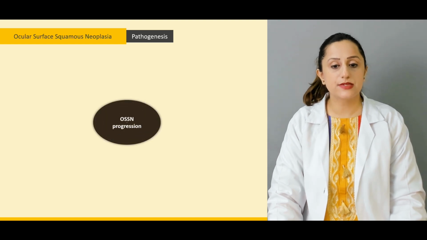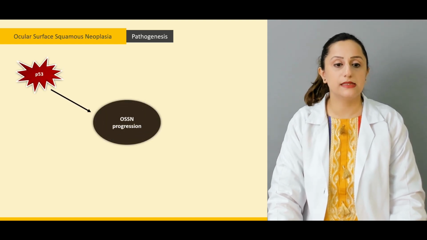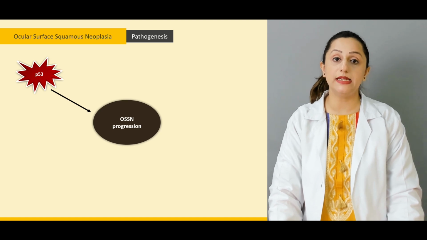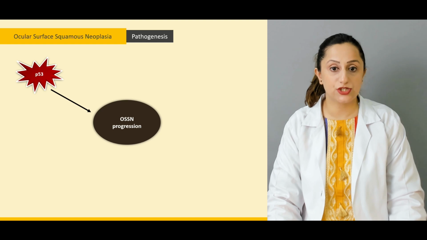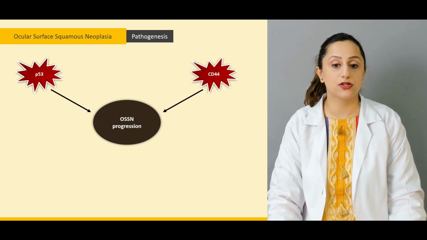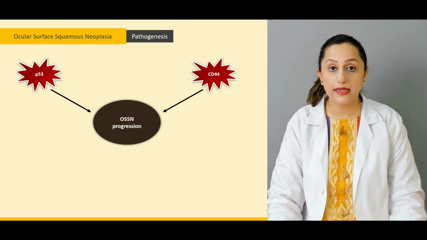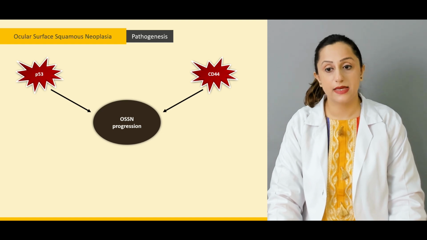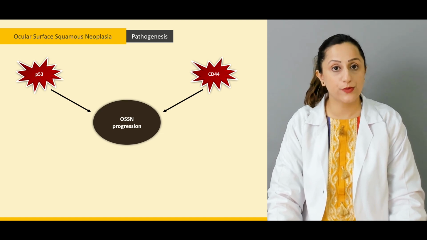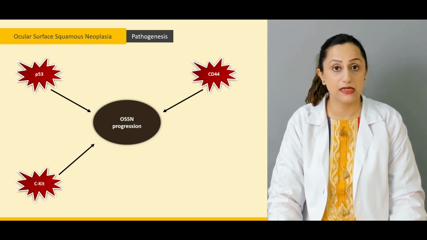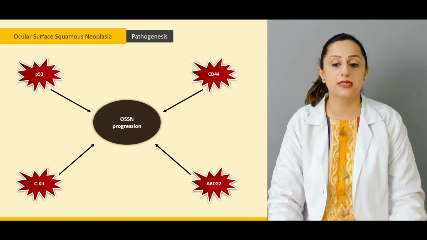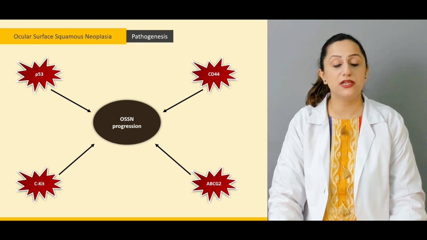The pathogenesis would consist of basically, first of all, the P53 mutation. This is a very significant mutation that can lead to the development of this kind of ocular neoplasm. Then we have the CD44 mutations that are again quite notorious. We have the c-KIT mutations that are quite notorious, and then we have the ABCG2.